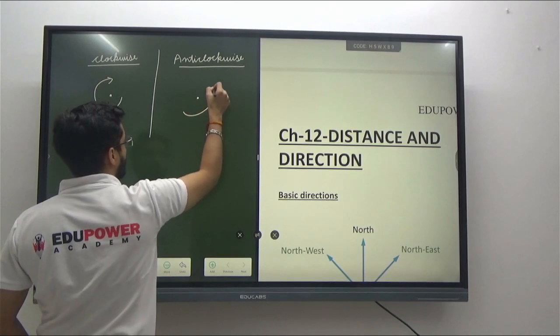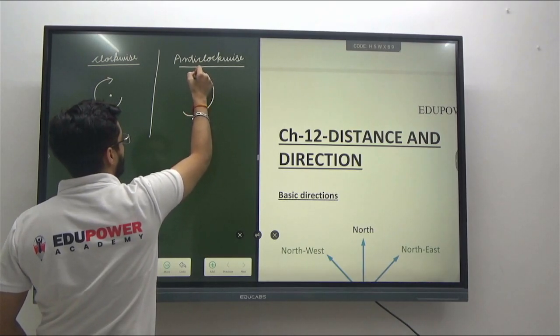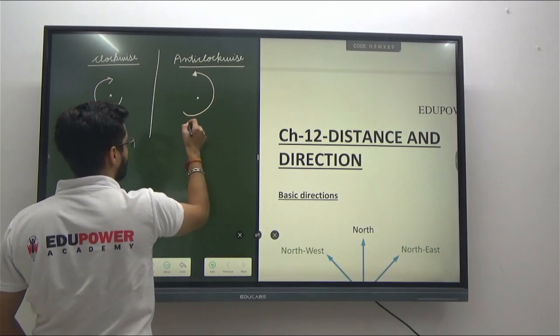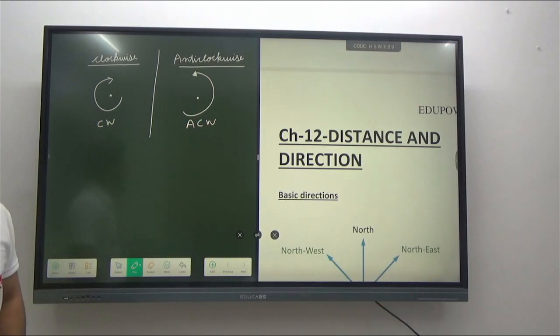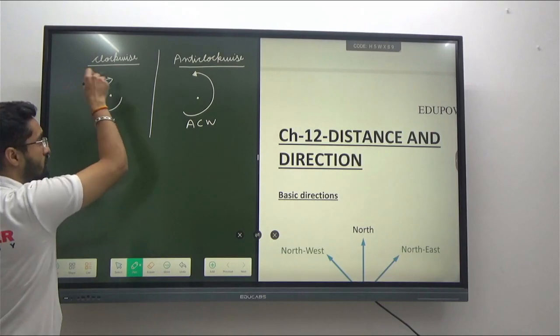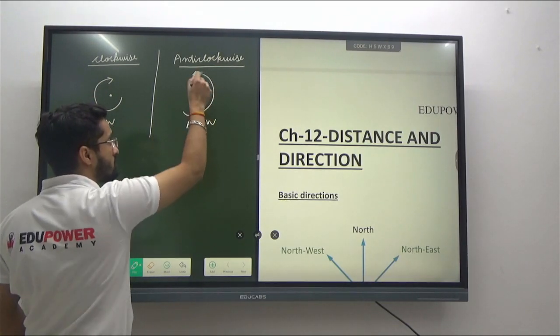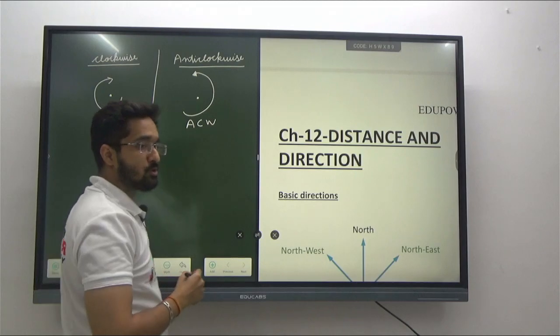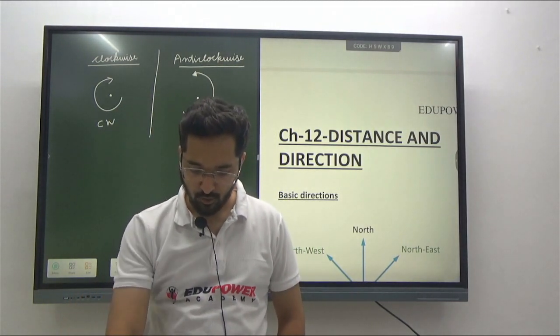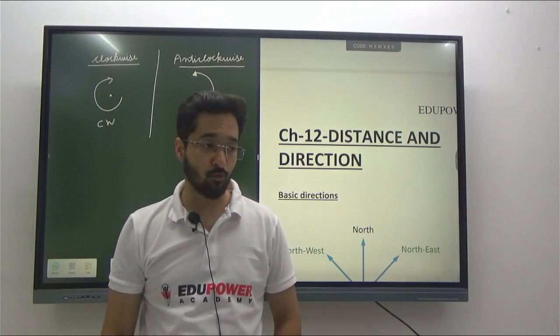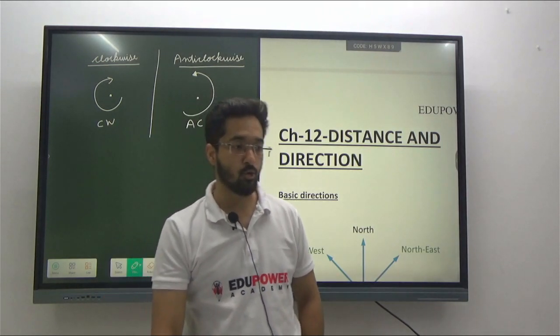Anti-clockwise rotation is rotation in the opposite direction of the movement of the clock. The clock moves this way, but anti-clockwise is the opposite. Please make a note of clockwise and anti-clockwise movement.